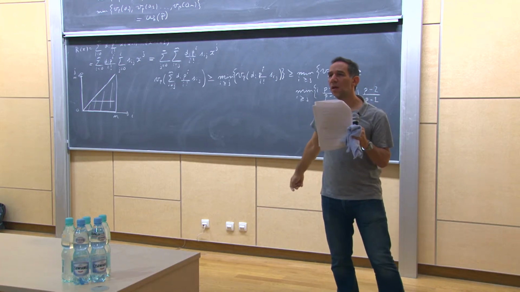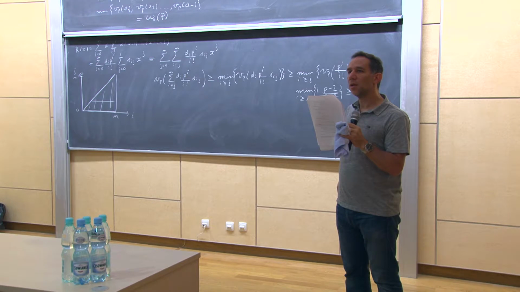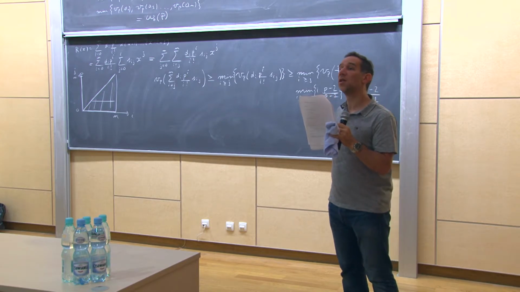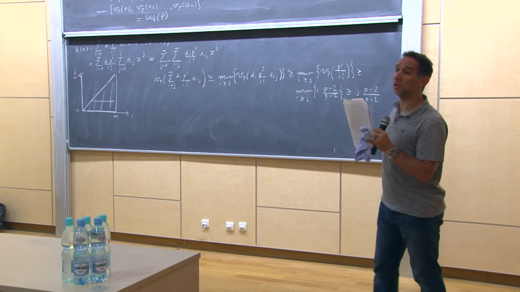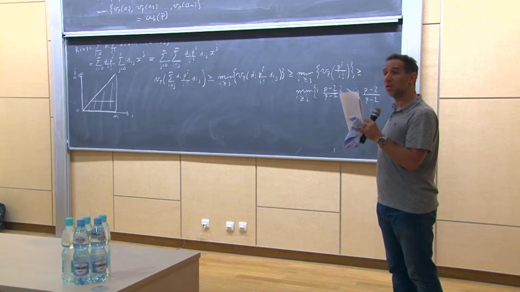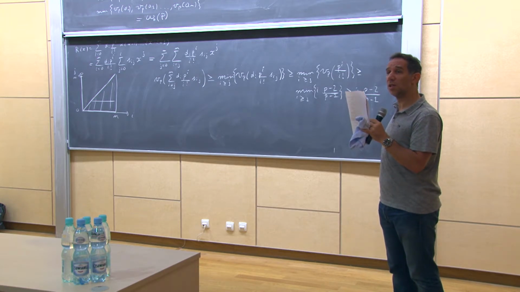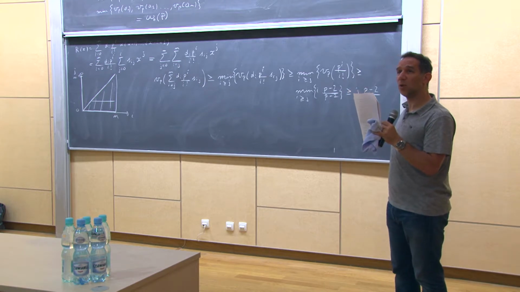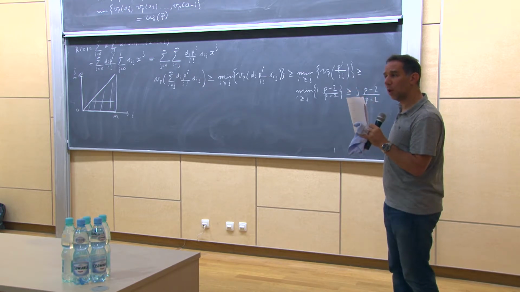Yeah? No, the d_i are integers. If the d_i are allowed to be rational numbers, the lemma is false. So the d_i are definitely integers. Yeah, that's very important. Okay? Are we happy with that?